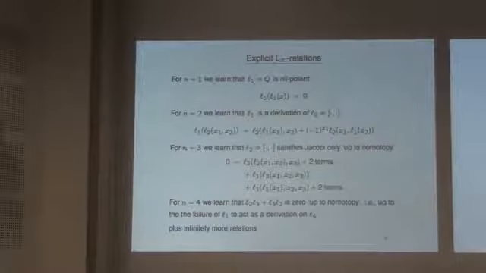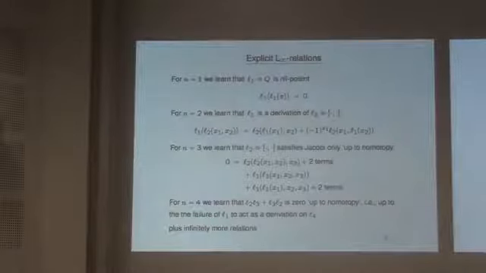So for n equals 3, we learn that the Jacobi identity only holds up to homotopy, by which I mean here that you get this bilinear expression in L2, three terms, which is the standard combination that you would have in the Jacobi identity. But this by itself does not need to be 0. In fact, it can be corrected if you have an L1 and L3 of this form here.